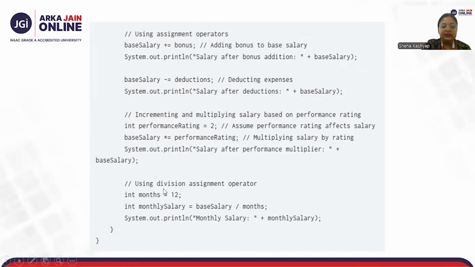Now, let's take the division assignment operator. So here what I am doing is int month is equal to 12. Now the month variable is assigned the value 12. So monthly salary is equal to the base salary divided by months. So it will print the monthly salary, and I have given monthly salary with the month.